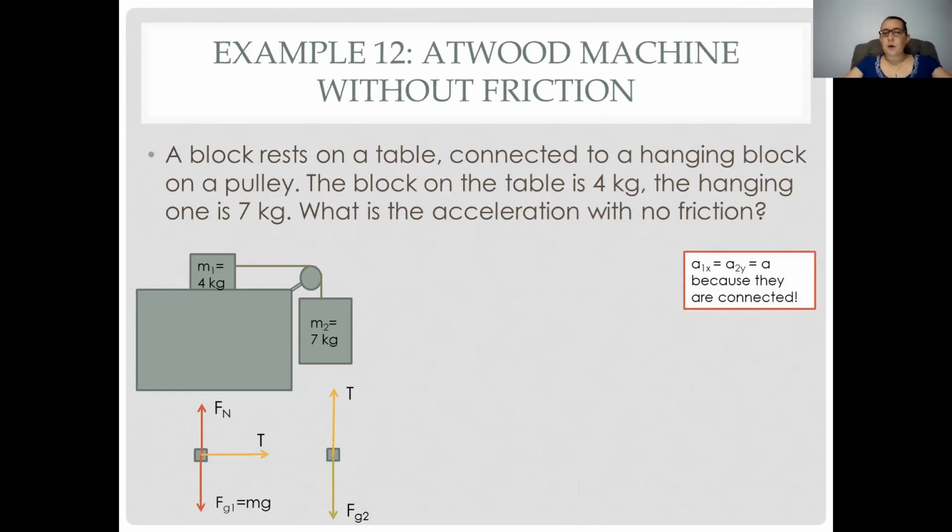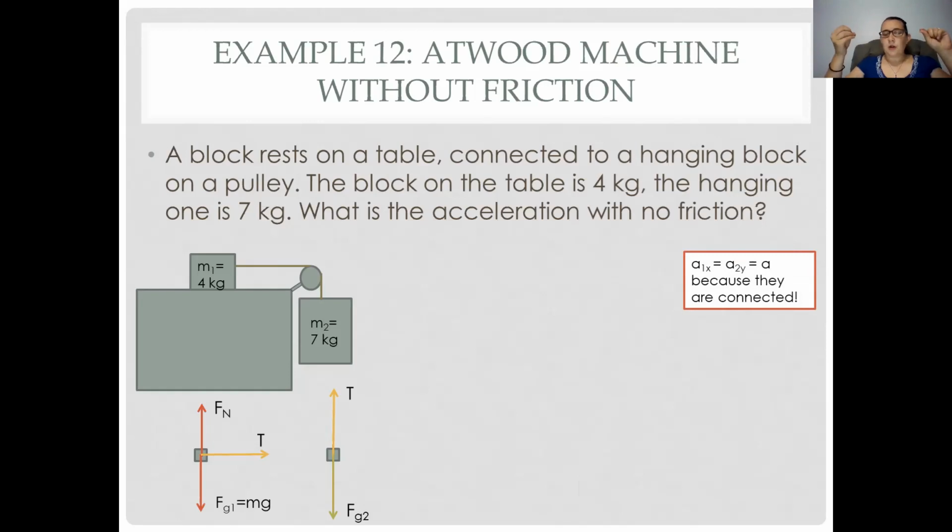So when we're thinking about what the acceleration is, we have to remember that these two blocks are connected to each other. And we weren't told necessarily, but we'll assume that this string does not stretch. It's not like a slinky or something crazy like that. So this string is going to stay tight and not stretch.